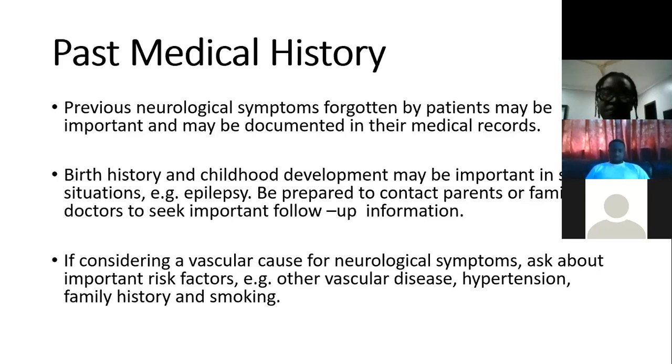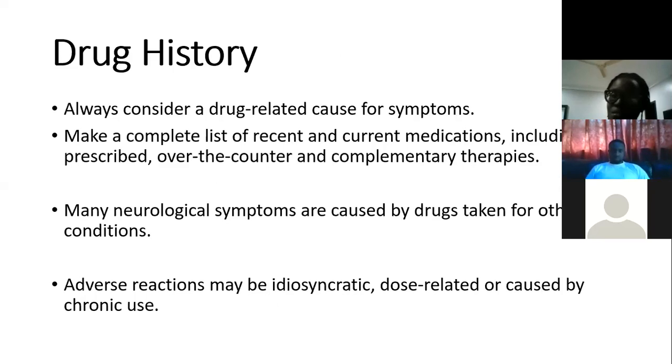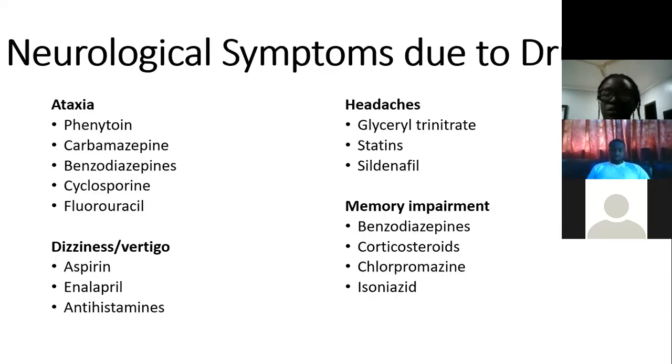Okay. Then drug history. When we were going through the symptoms, you realize that some symptoms are associated with certain medications, like gentamicin causing vertigo. So your drug history is very, very important. These are a few medications which are associated with certain symptoms. So ataxia is unsteady gait and can be associated with anticonvulsants like phenytoin, carbamazepine, and benzodiazepines.